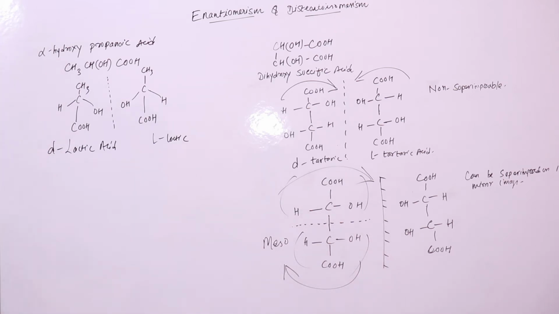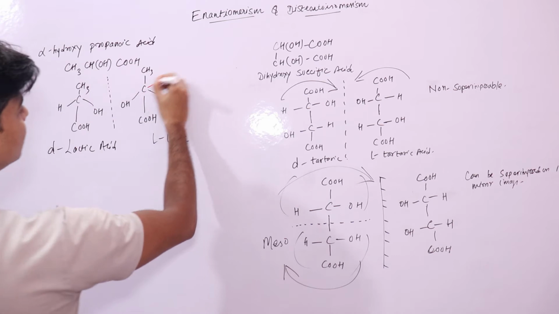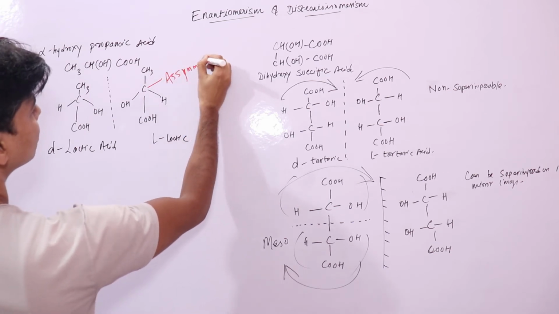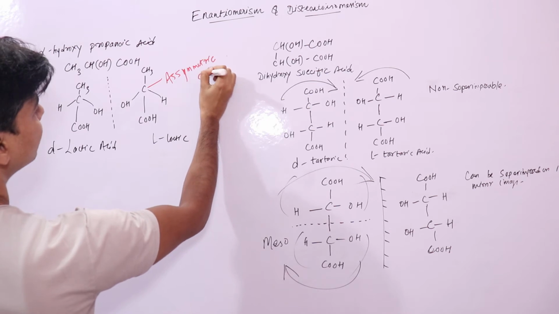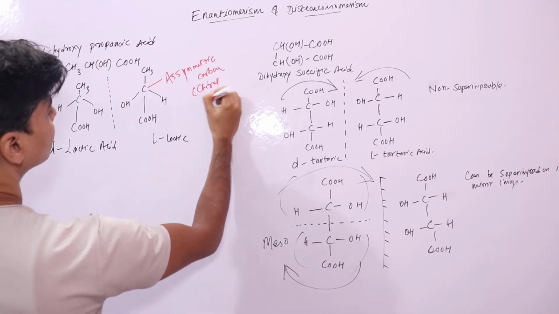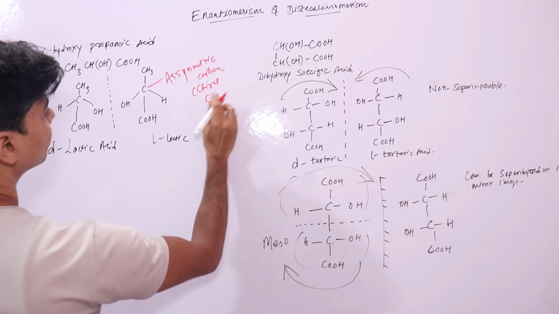These are enantiomers. So we define it as when a molecule possesses chirality. When we say a molecule possesses chirality, that means a carbon atom is connected to 4 different atoms or groups, and such a carbon atom is asymmetric. This is your asymmetric carbon atom or chiral carbon.